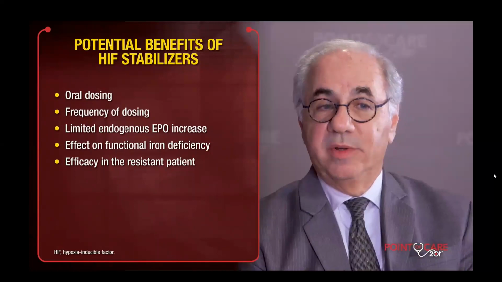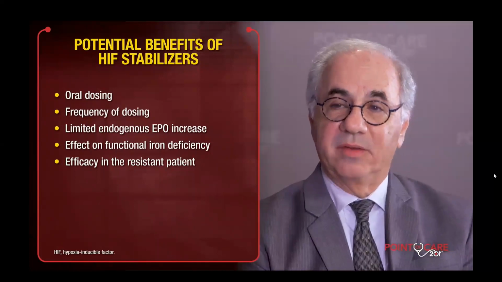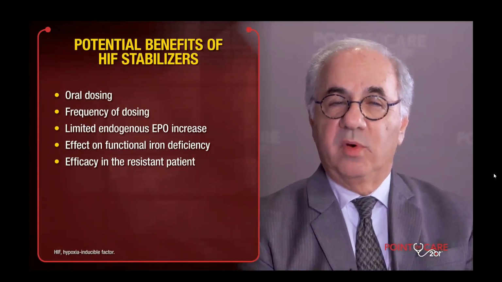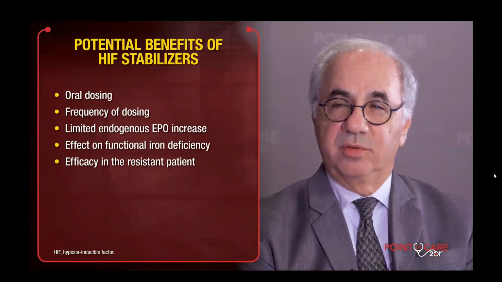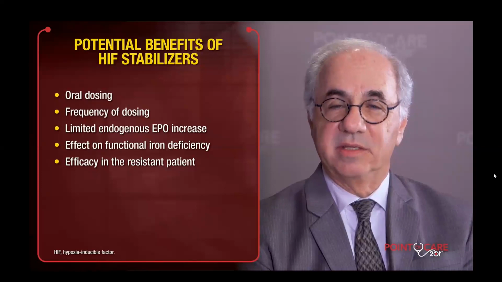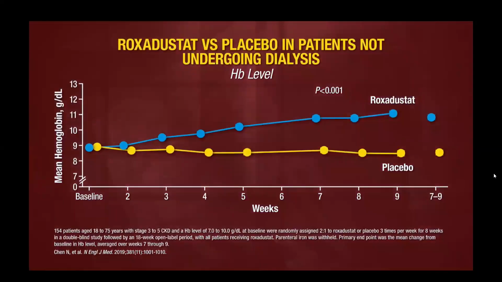What we're dealing with these compounds is actually creating a more physiologic approach to the pathophysiology of erythropoiesis in chronic kidney disease. Whereas the group that was treated with roxadustat shows us a nice increase in hemoglobin by week 4 to approximately 10 grams.